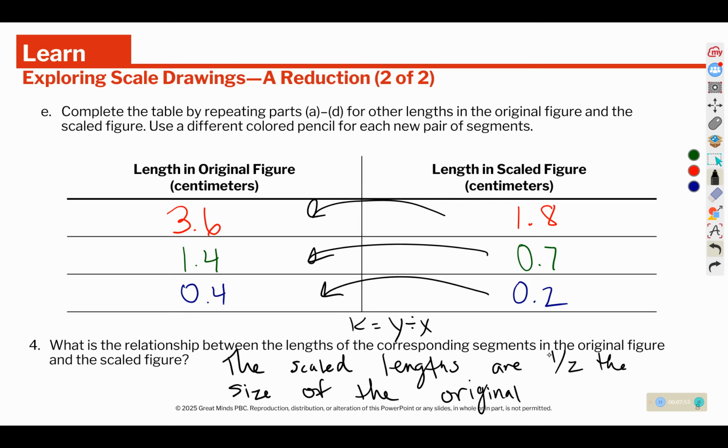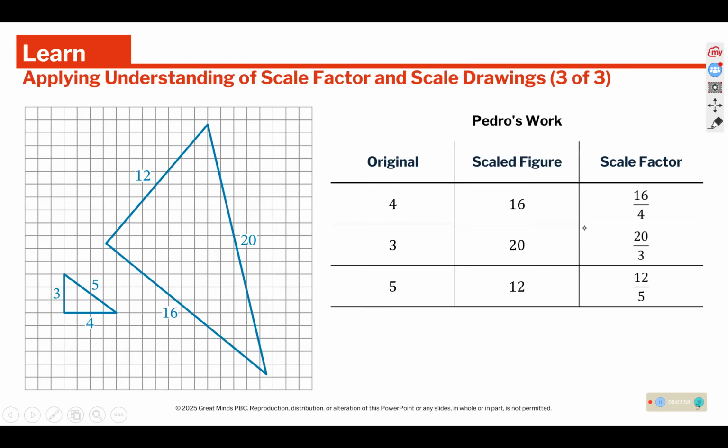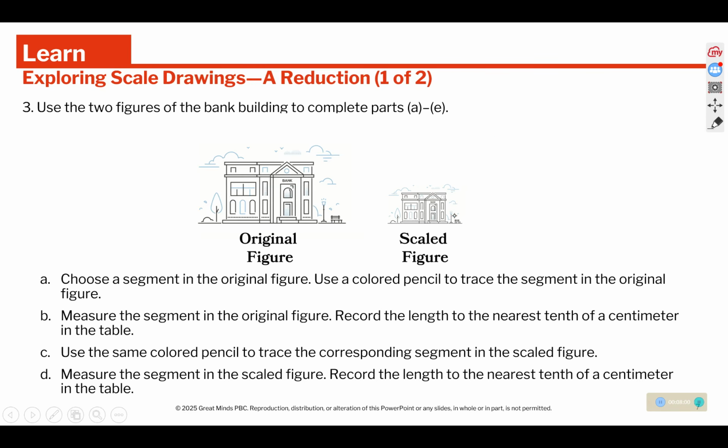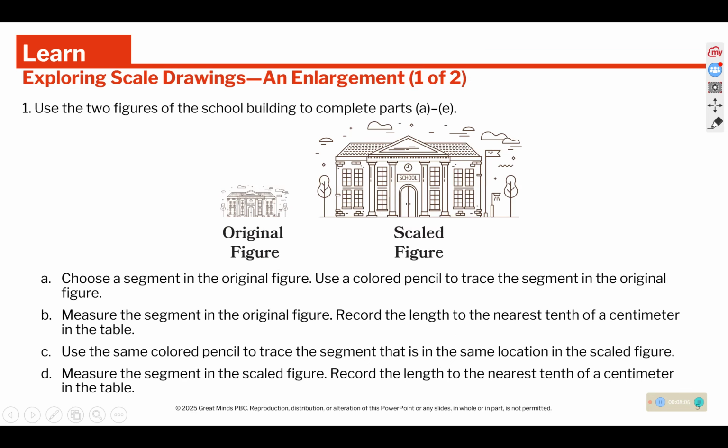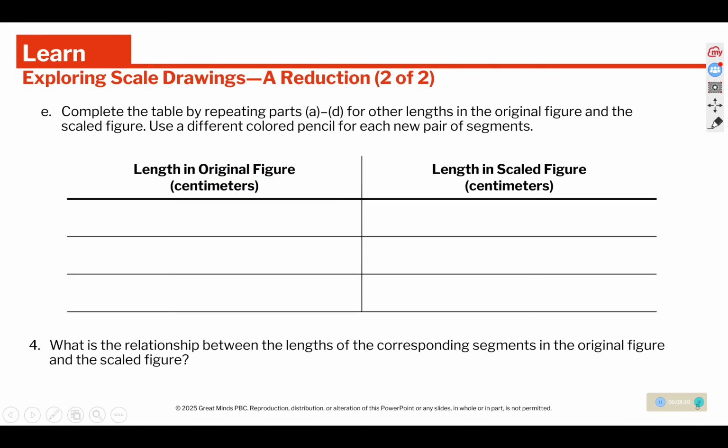And you'll notice that a half made the scaled figure smaller than the original, but a scale factor of 3 made it larger than the original. What do you think a scale factor of 1 would do? We'll come back and add those to the notes in the debrief section.